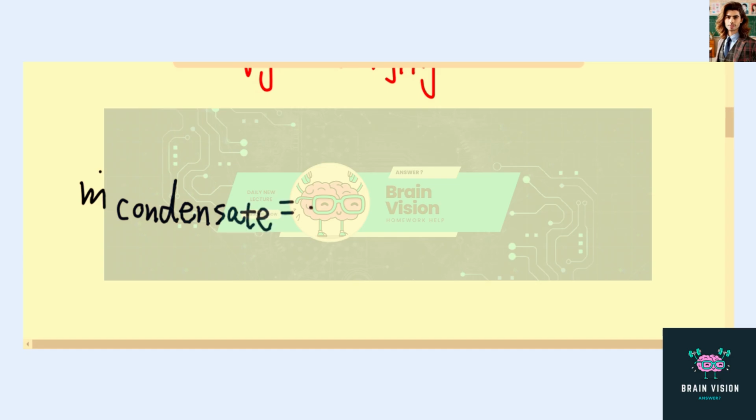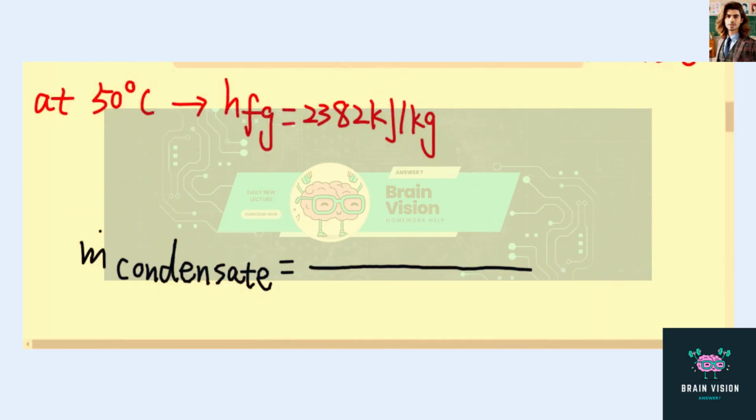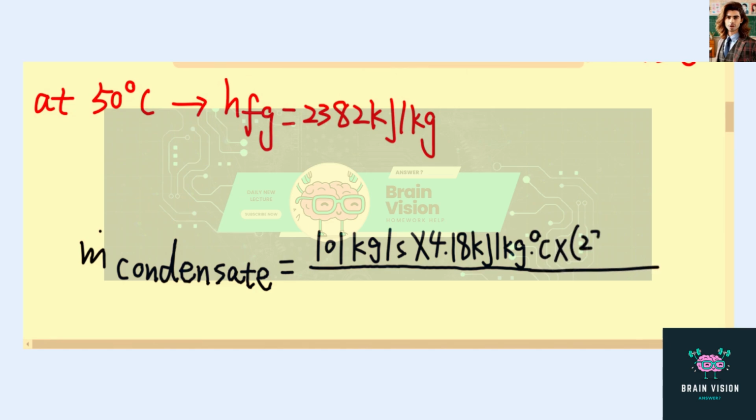And this can be equal to 101 kilogram per second times 4.18 kilojoule per kilogram times degree Celsius, and then times the temperature change, which is 27 degrees Celsius minus 18 degrees Celsius, and then over the heat of vaporization of water, which is 2382 kilojoule per kilogram.